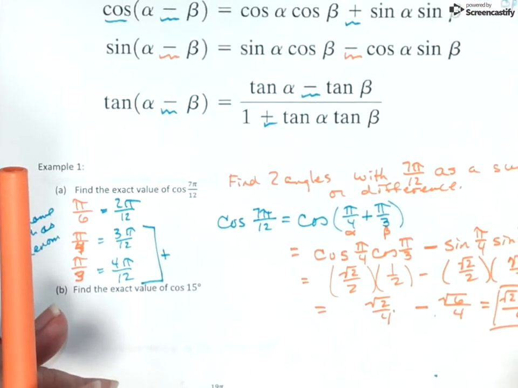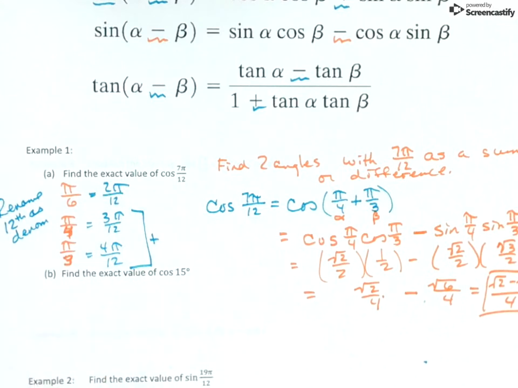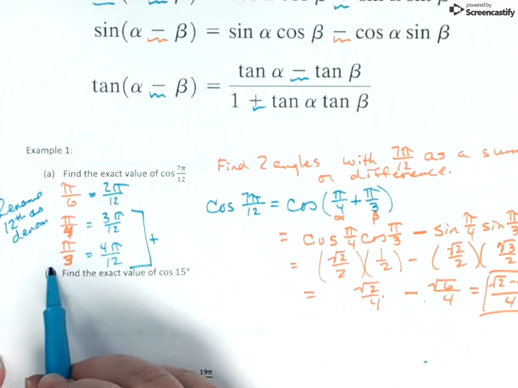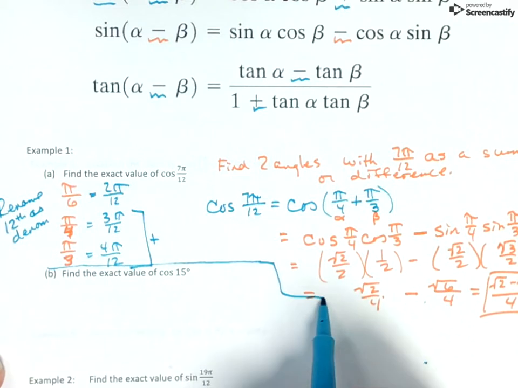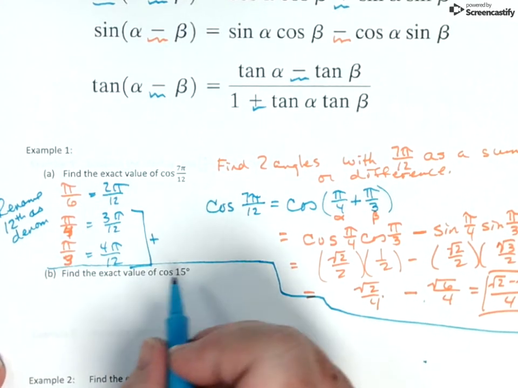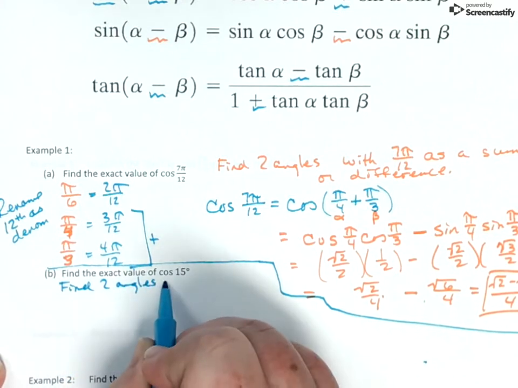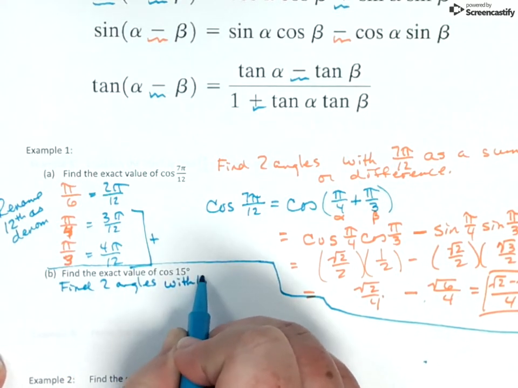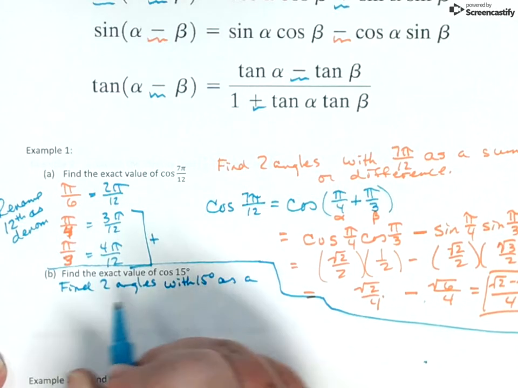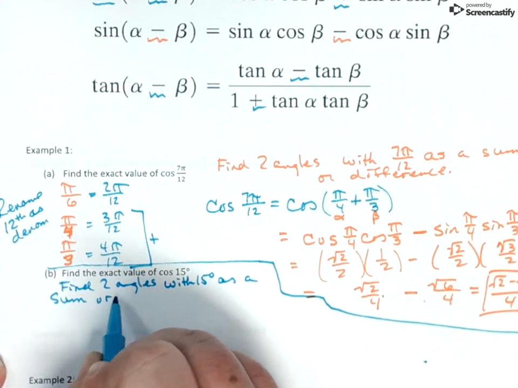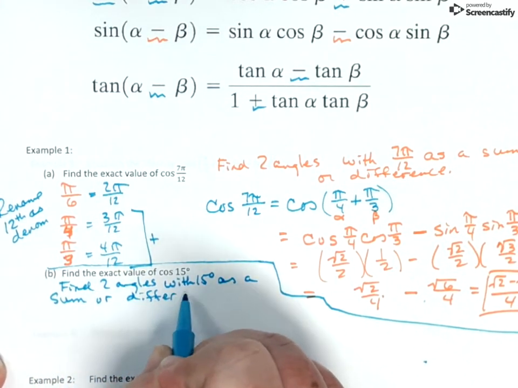This one's in degrees. Let me draw a line here so that you can see that that really is a prior problem. I want to find two angles with 15 degrees as a sum or difference.